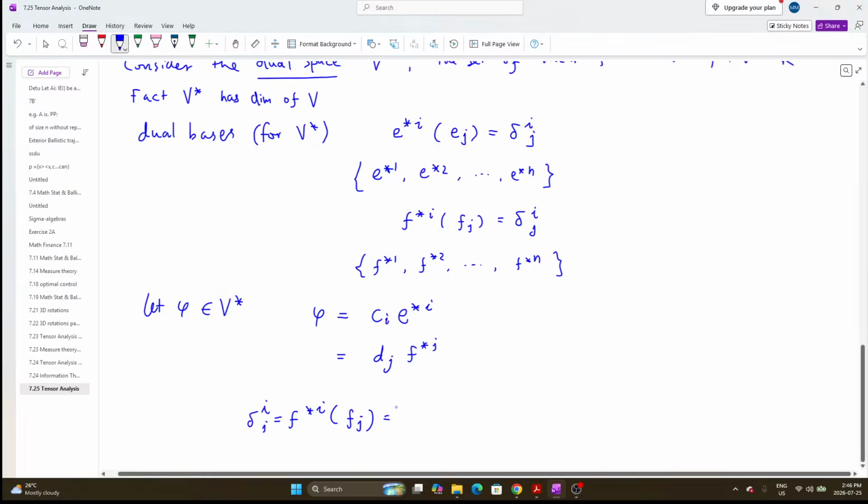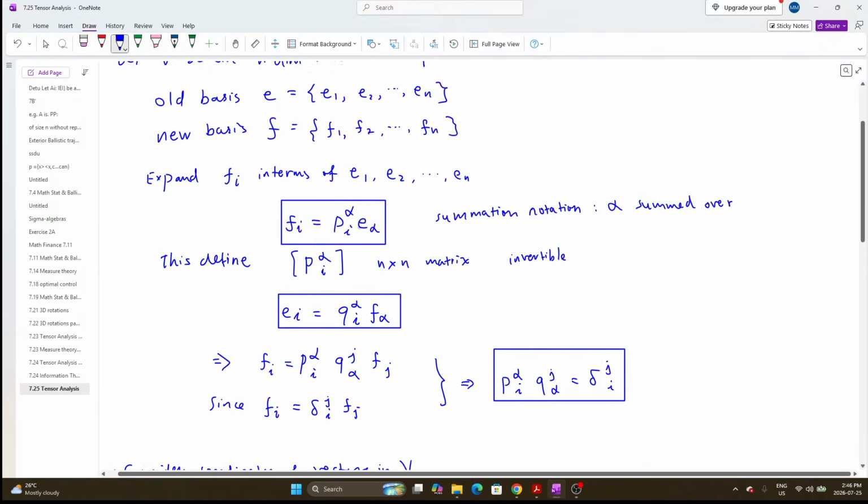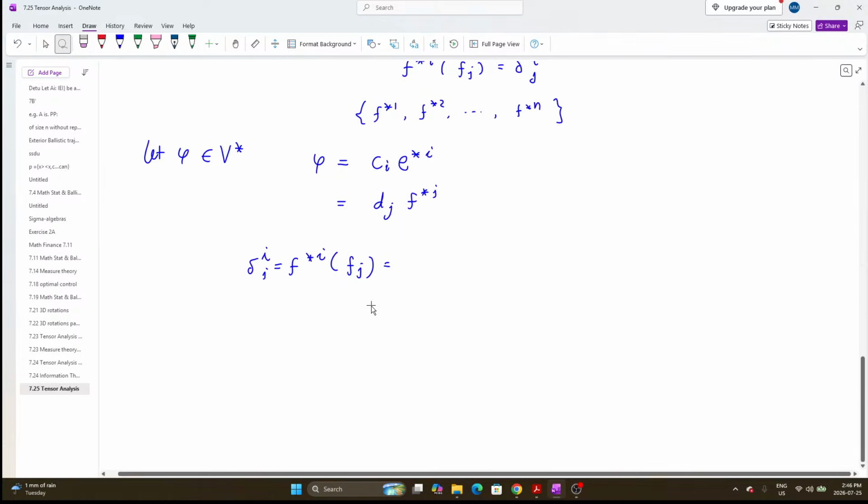And what is Fj? Well, we have an expression for that, right? You can use the change of basis matrix, P alpha I. Let's put that down. So we wish to substitute that here.